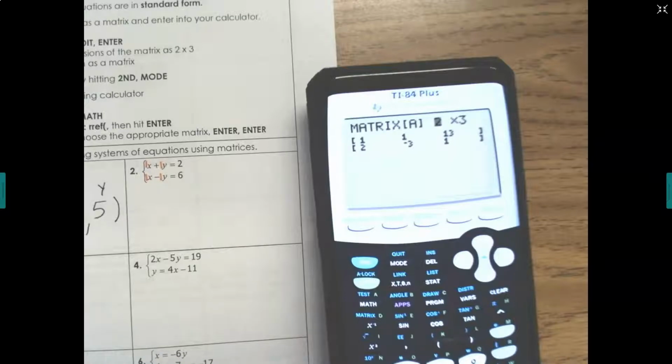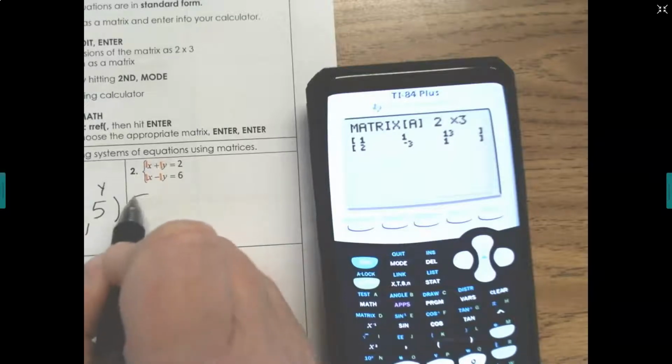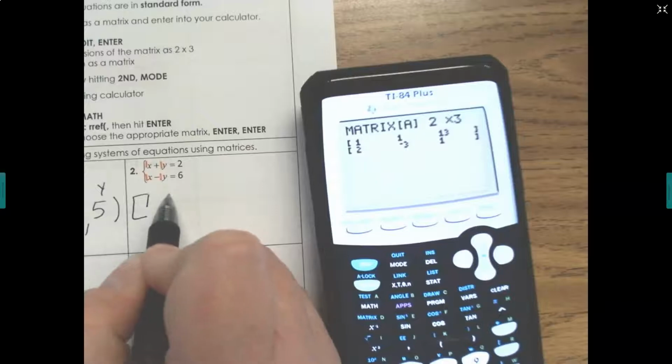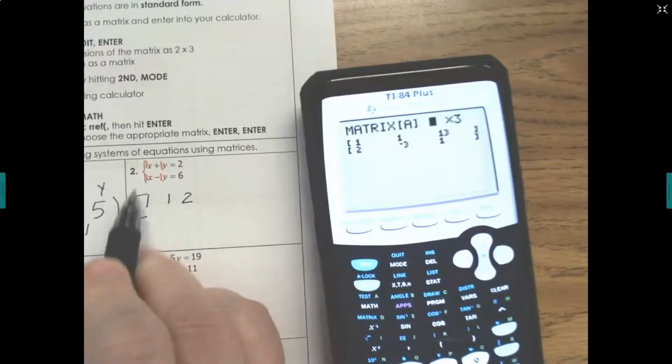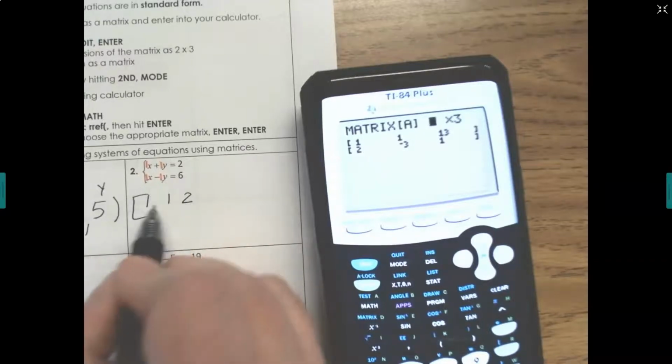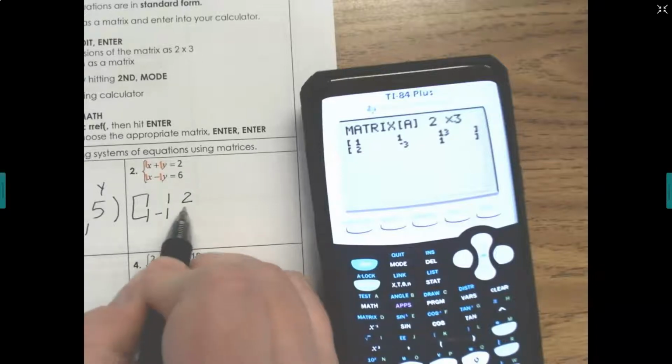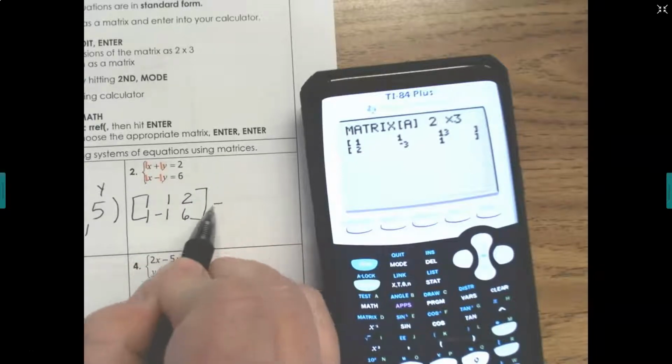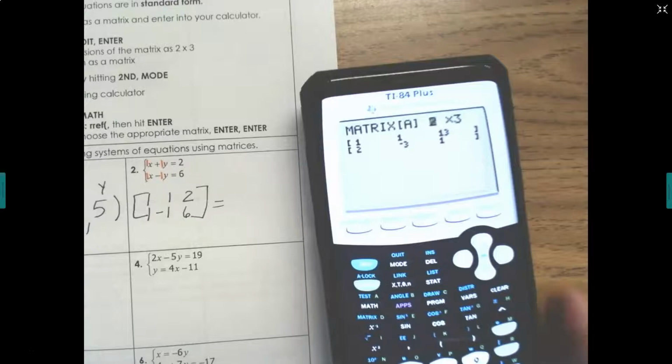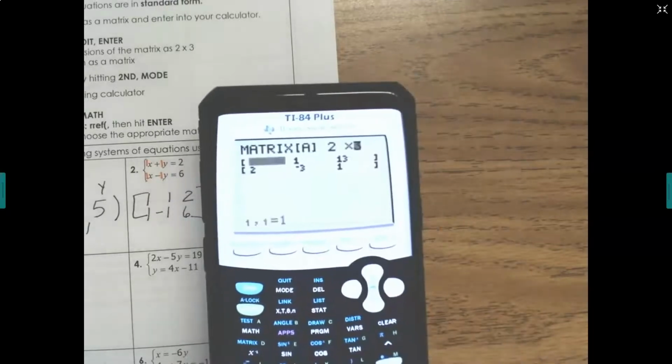So our whole matrix, before we put it in, is going to look like 1, 1, 2, then 1, negative 1, 6. That's what our matrix should look like once we have our data entered.